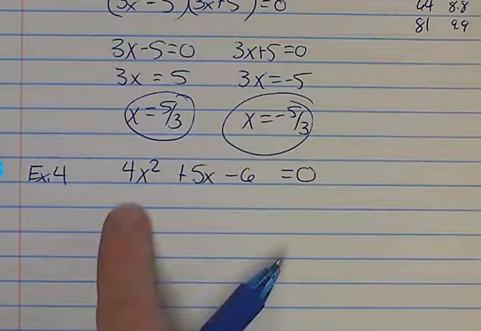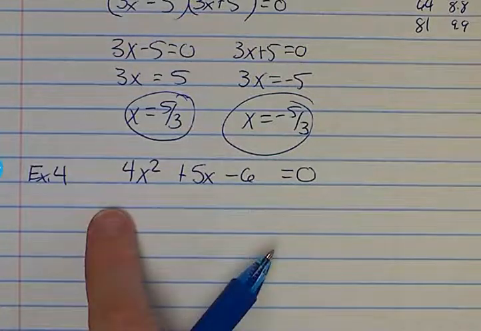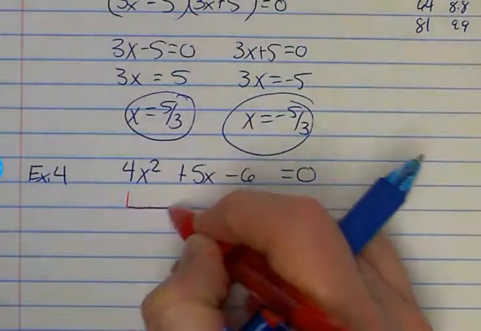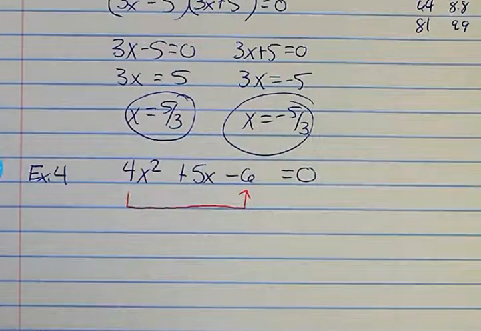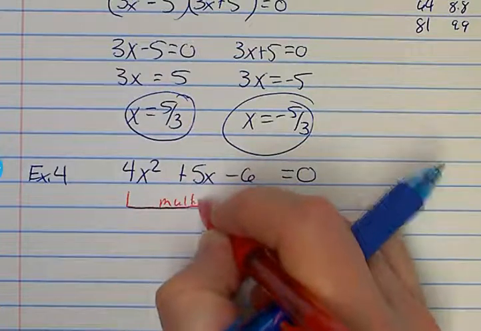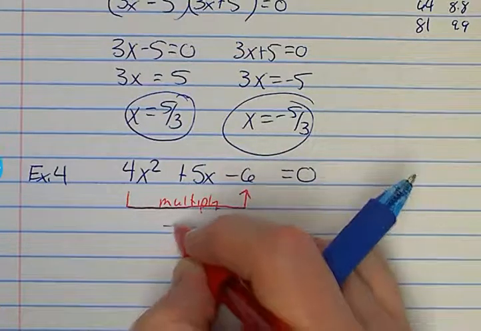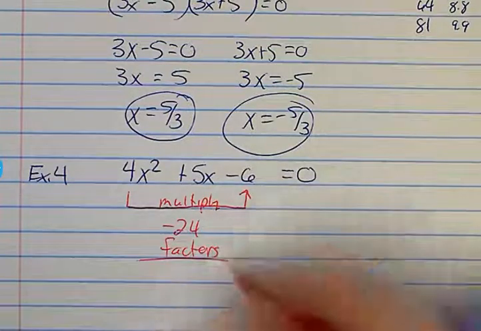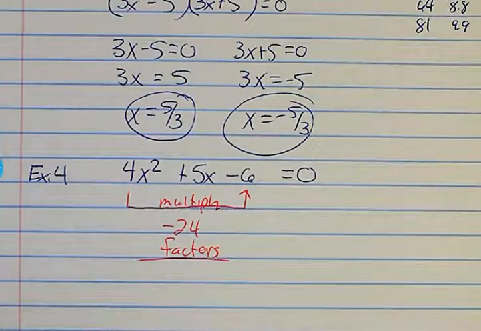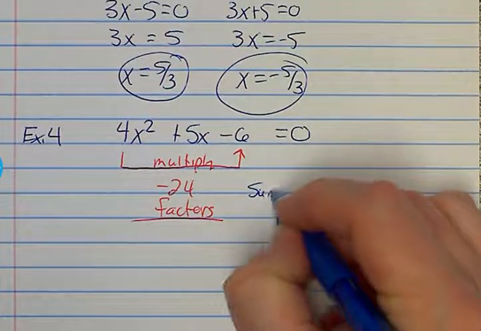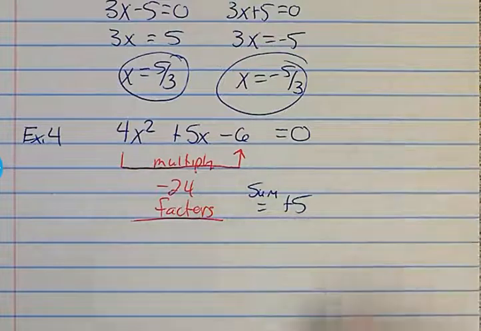Okay, there is no greatest common factor, so we cannot get rid of the 4. So for this one, this is where we're going to have to do the bottoms up, which was that worksheet that we had the other day. So you've got to multiply these two together. So 4 times negative 6, that's a negative 24, and that's what we're looking for the factors of. And for that one, we want the sum to be positive 5.